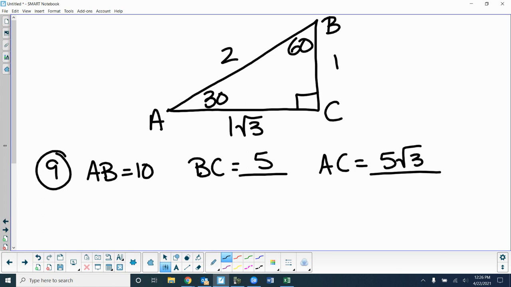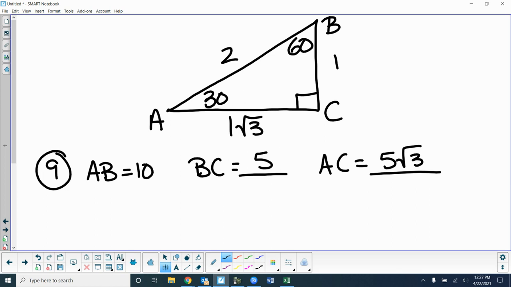Now, if you don't remember that stuff, it makes that problem pretty hard. I guess you could figure it out by saying the sine of 30 is BC over 10 and figure it out that way. But I'm not asking for decimal answers.